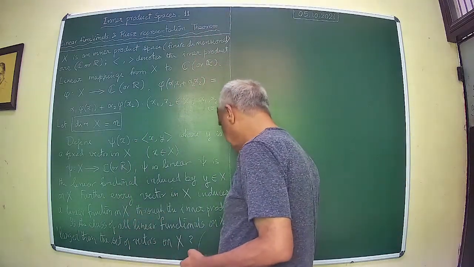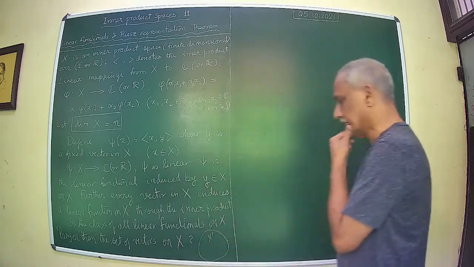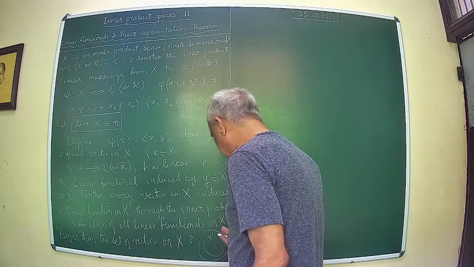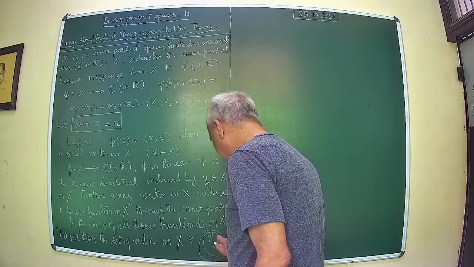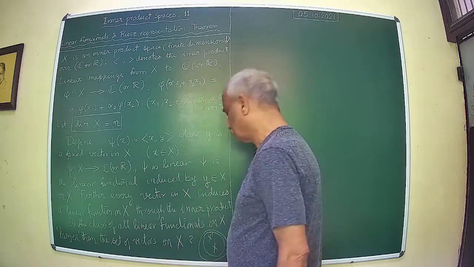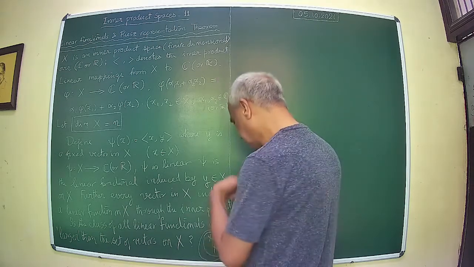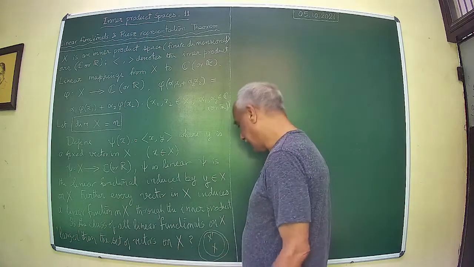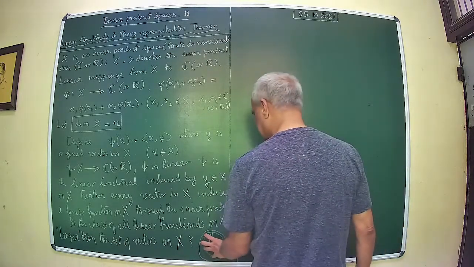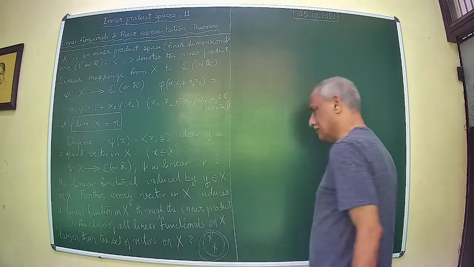So, it is something like this. Let me use the notation x prime for the set of all linear functionals. What we have seen is that x is embedded in x prime. Okay. So, y belonging to x induces an element of x prime. What I am asking is this: are these identical?